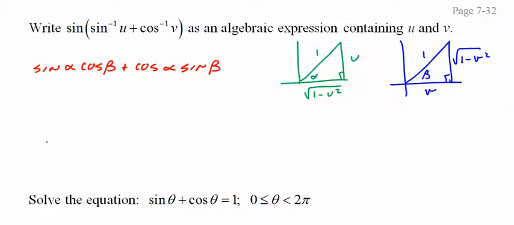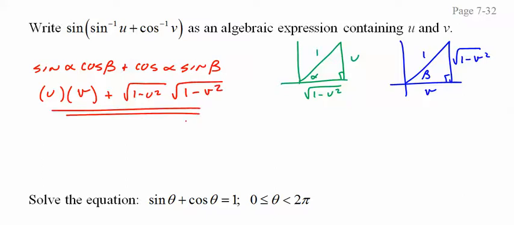Sine, cosine, cosine, sine. Sine alpha is, that was easy, u. Cosine beta is v, and now is where things get a little bit different. Cosine of alpha is root 1 minus u squared. And sine of beta is root 1 minus v squared. Don't try and put them together. We're done. So I mean, that's out there. That's some crazy, crazy stuff.